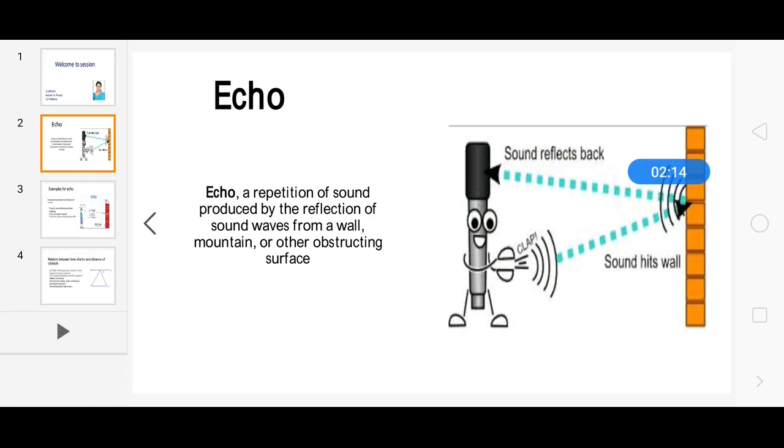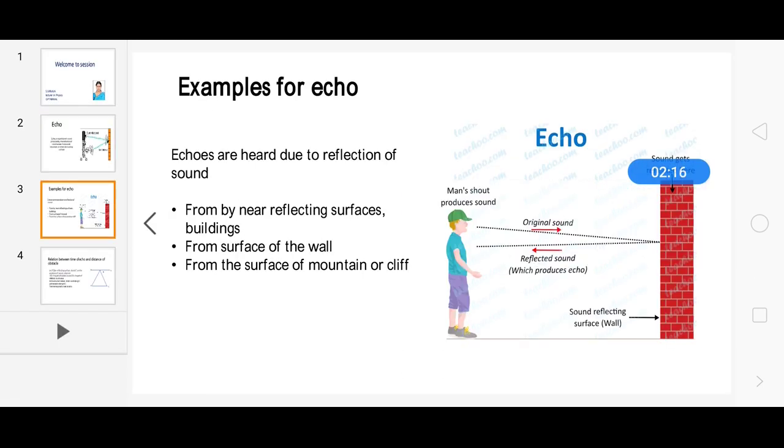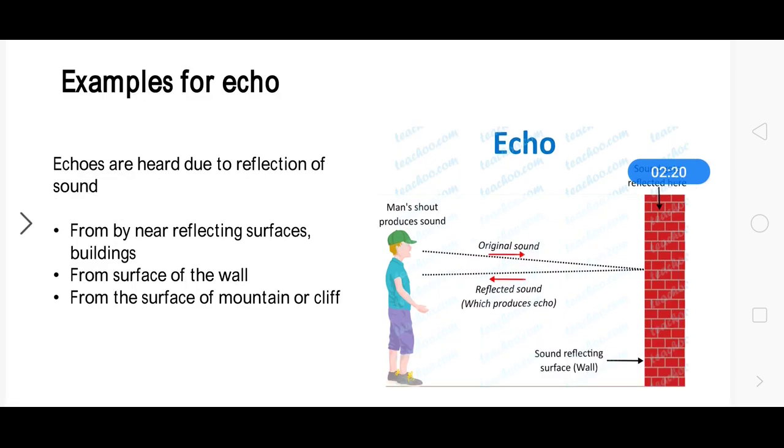Here are the examples for echo. Echoes are heard due to reflection of sound, as we know. The examples are echoes due to nearby reflecting surfaces or buildings, the surface of a wall, or the surface of a mountain or cliff.